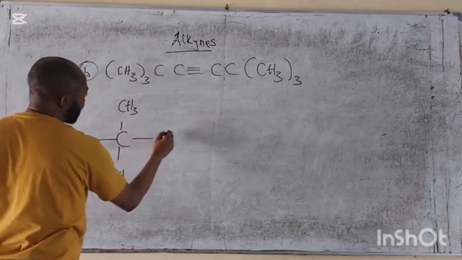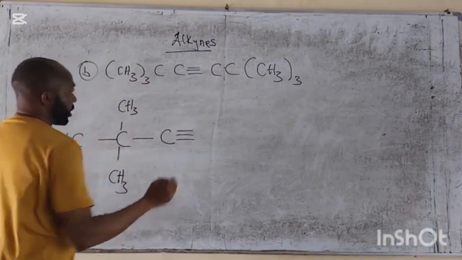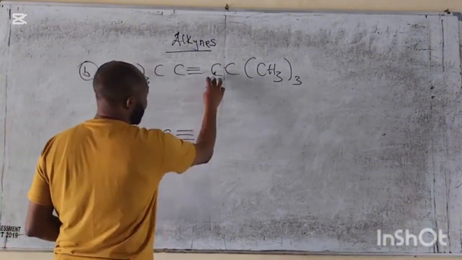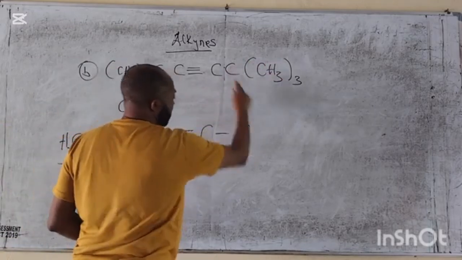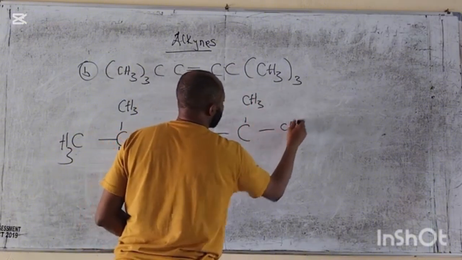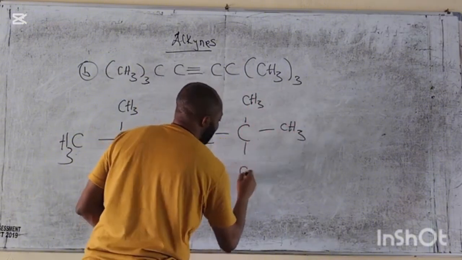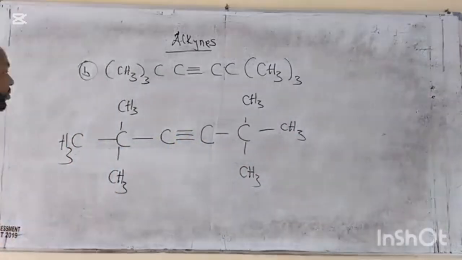So this is my carbon. Let me put my 3 methyl groups: CH3, 1, CH3, 2, CH3, 3. This is what they say. And after that, there is another carbon with a triple bond. Now, to this other carbon, they say that there are 3 methyl groups again. So I have another CH3, CH3, and CH3. Now they want us to name the compound.